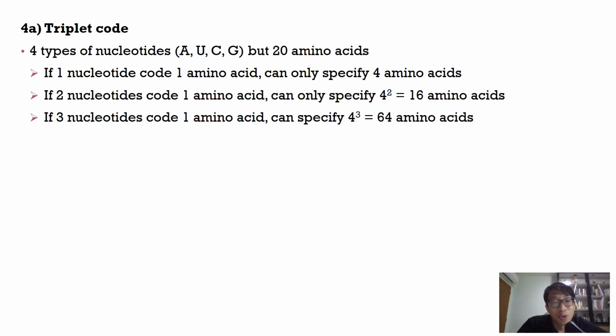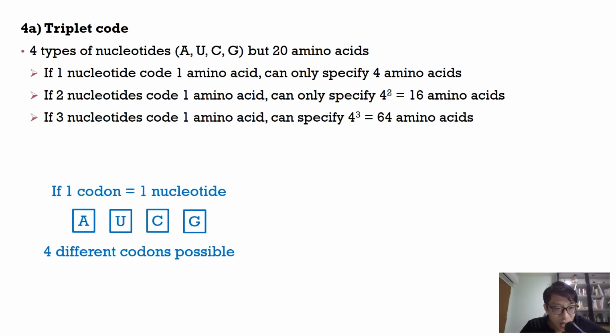But if each codon consists of 3 nucleotides, then that would allow for 64 different combinations of codons, and that would be enough to code for 20 amino acids. So that's why the mRNA sequence is read as codons, each with 3 nucleotides.